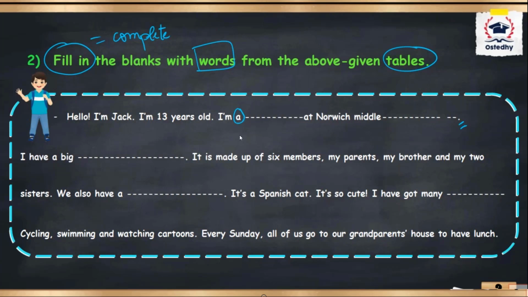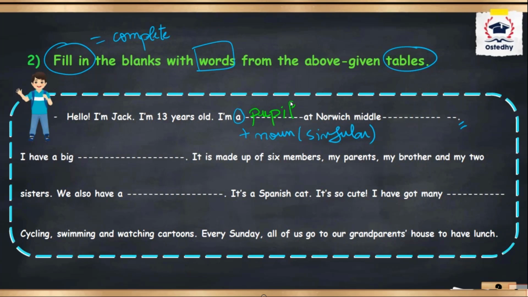So if you have an a, that means you need a noun singular. And that noun must be necessarily singular. So we will take words from the singular column. Now, I am at Norwich what? I am a pupil.